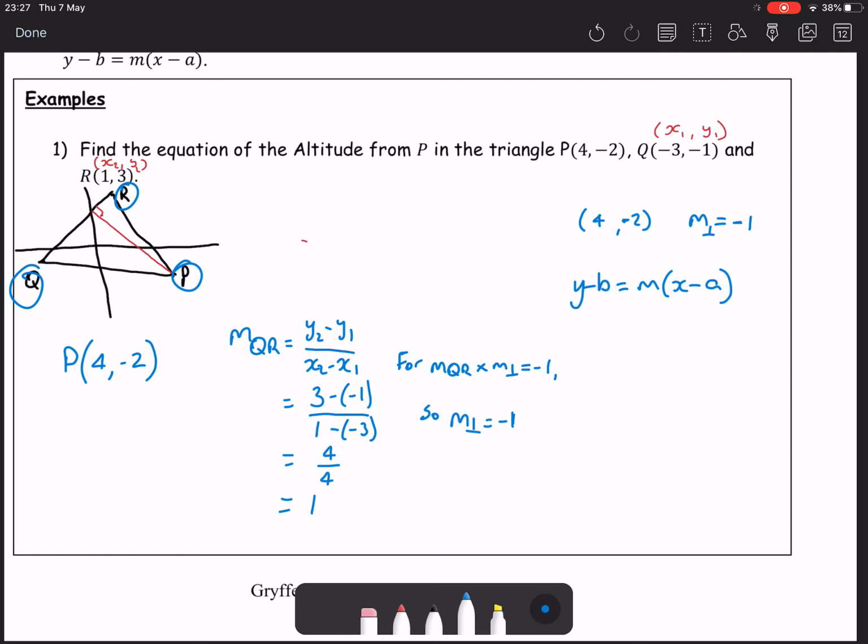So there's my a and my b. y minus -2 equals -1 times (x minus 4). y plus 2 equals negative x plus 4. If we subtract 2 from both sides, y is negative x plus 2. There's our equation.